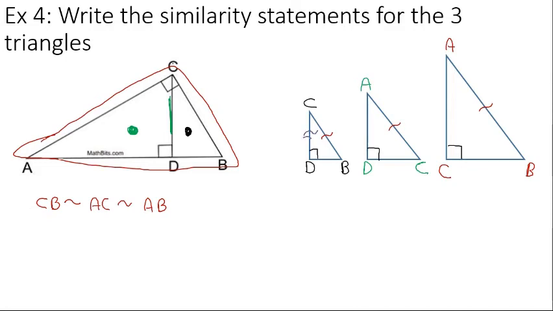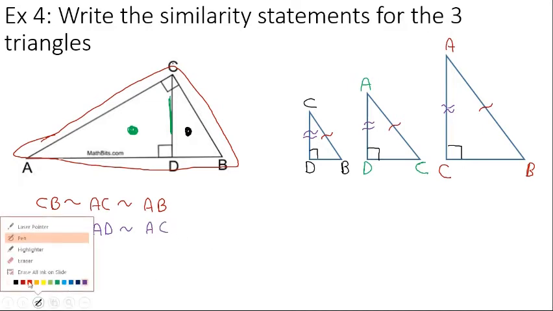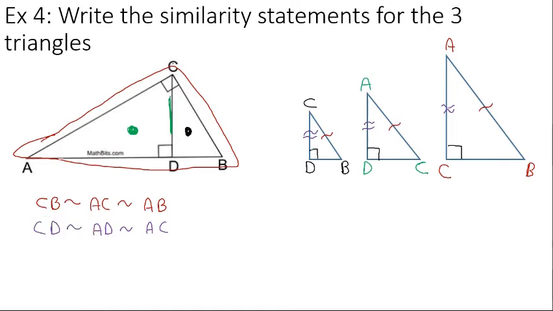So I'm going to say CD similar to AD, similar to AC. And then the last one, I'm going to start with DB, similar to DC, similar to CB. All right, so those are all the sides that are similar to each other.